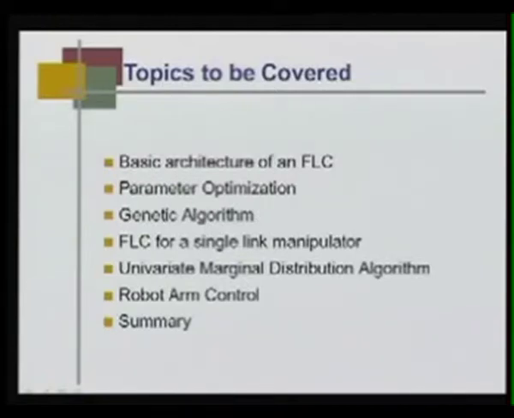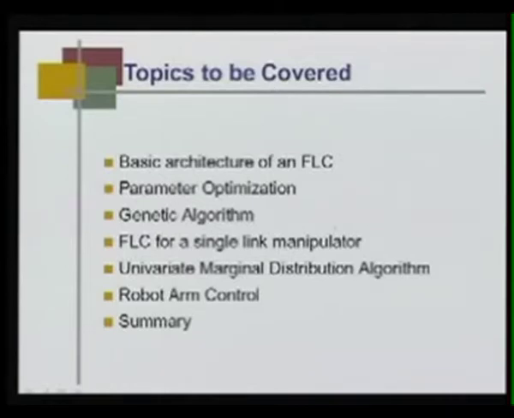We will very briefly discuss what is genetic algorithm, and a fuzzy logic controller for a single link manipulator. Now, univariate marginal distribution algorithm, this is another evolutionary computation approach for optimization. We will compare both the simple genetic algorithm and the univariate marginal distribution algorithm in a generic example of a robot arm control.